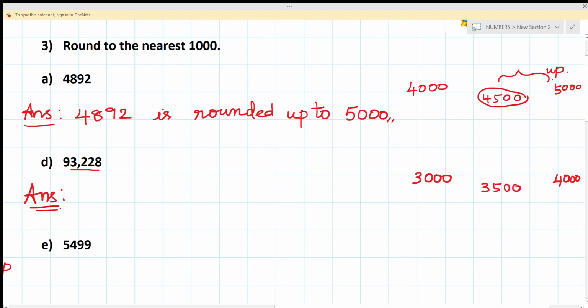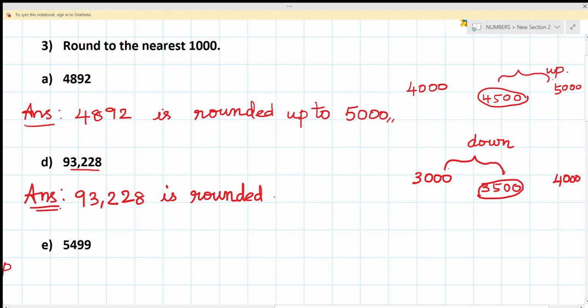Now check where the number lies. 3228 lies before the midpoint. So if the number lies before the midpoint, we have to round down the given number. So 93,228 is rounded down to 93,000.